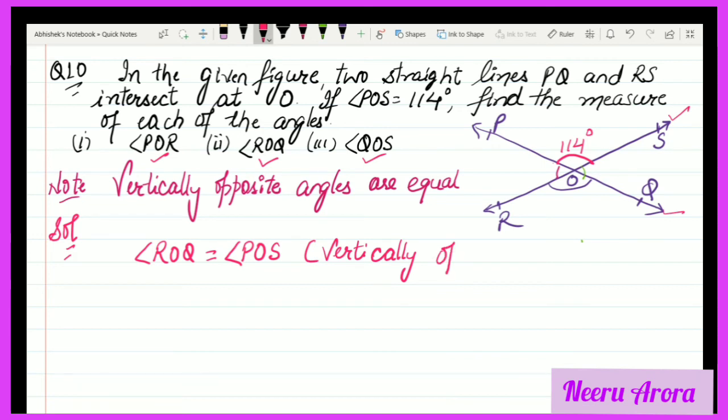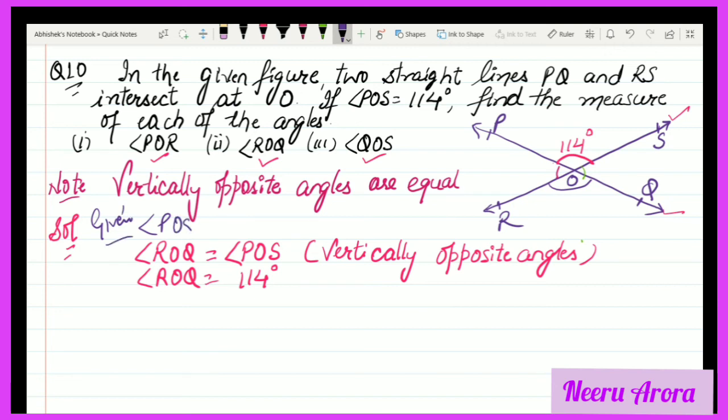So these are two vertically opposite angles and these are equal. So ROQ is equal to 114, because it is given POS is equal to 114 degree. So now we know ROQ is also 114 degree.